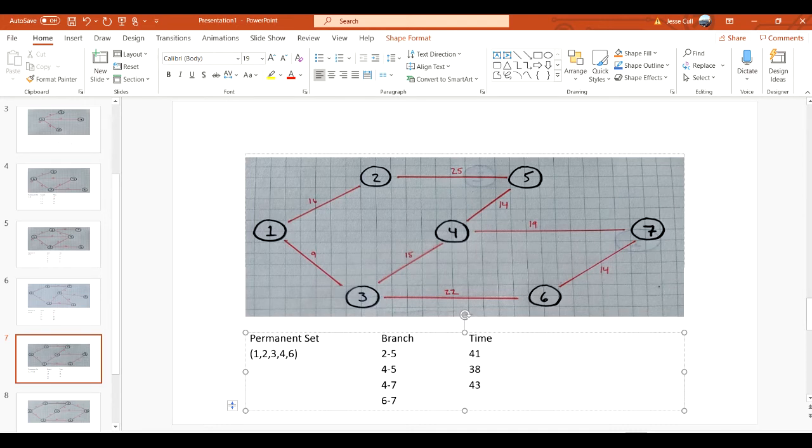And then 6, 7 is 1, 3, 6, 7, and that is 45 minutes. So which is the shortest of these? Clearly 4, 5. So right now we found ourselves at node number 5. So what we're going to do is highlight that and continue on.